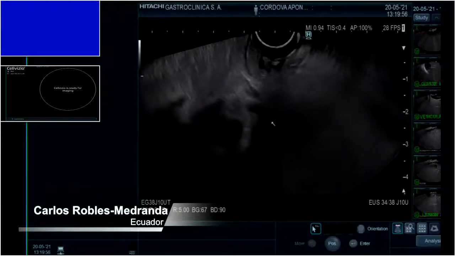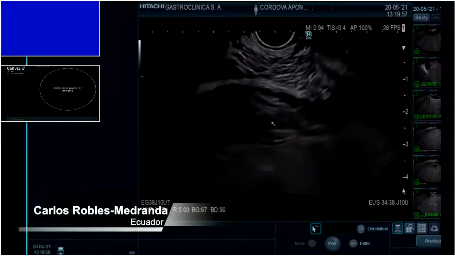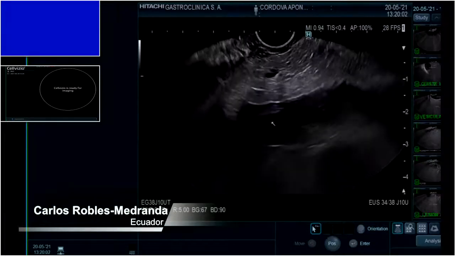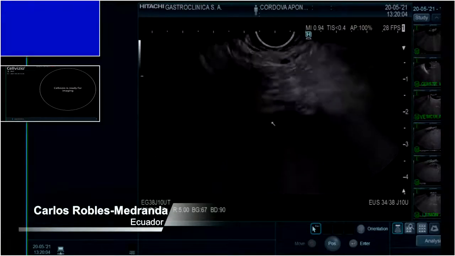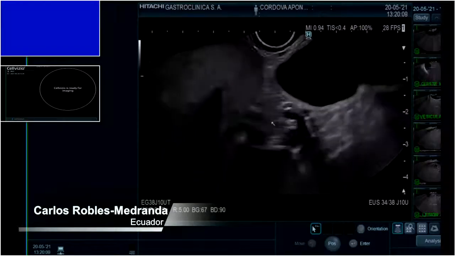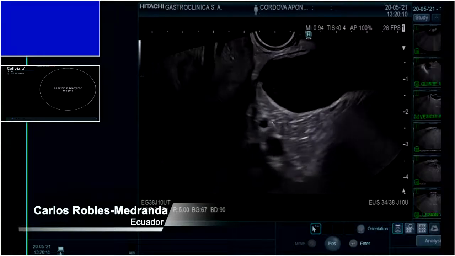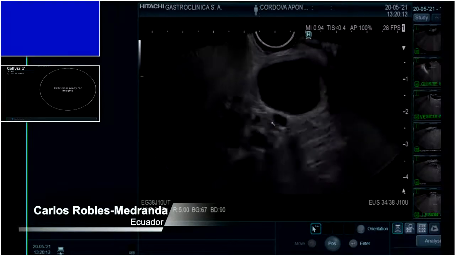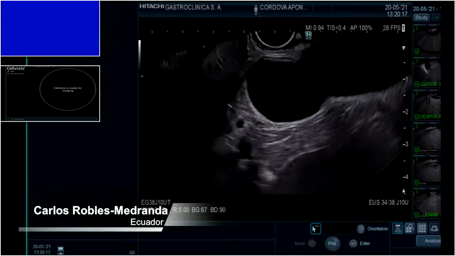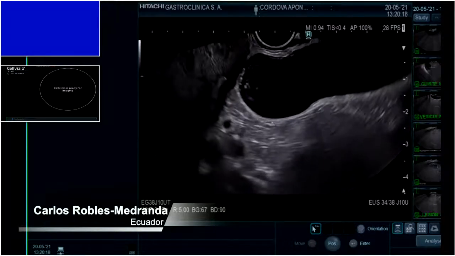So first, evaluate the biliary tract, evaluate very well the pancreas. You see now, this is a common bile duct and a lot of microstone, microlithiasis.